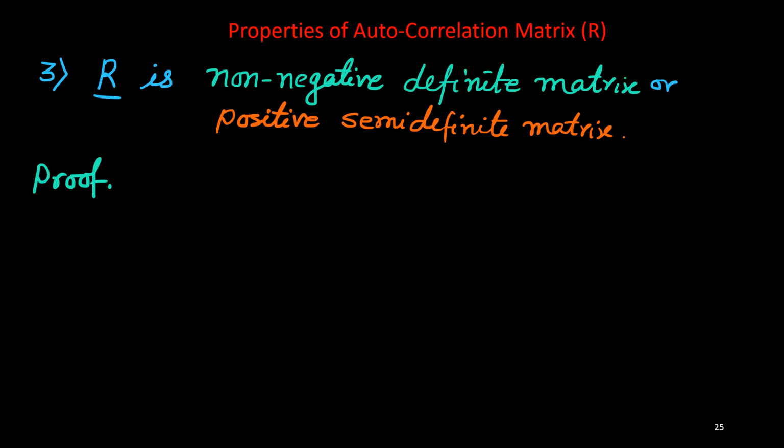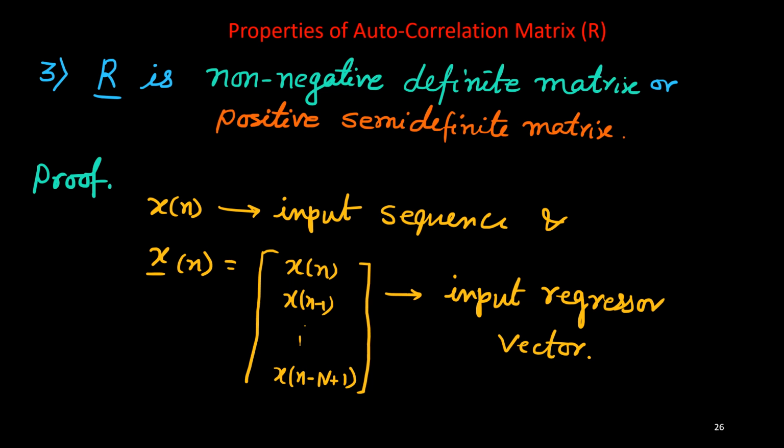Now, to prove this, what will we consider? First, we consider a system input sequence x(n). From that input sequence, we can make our input regressor vector, the column vector x(n), x(n minus 1), up to x(n minus capital N plus 1).